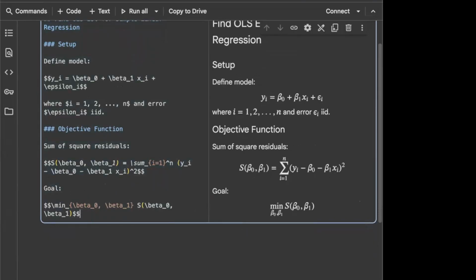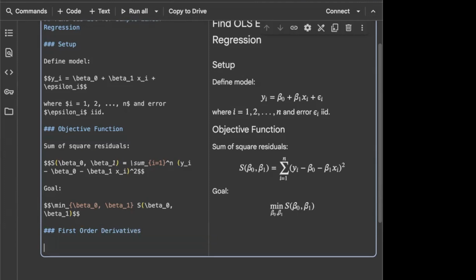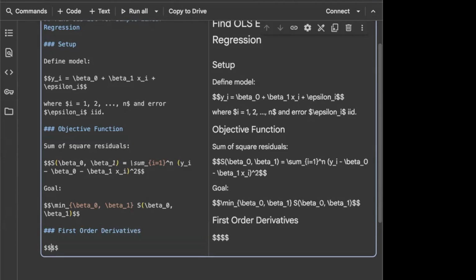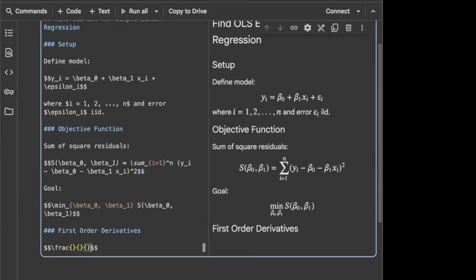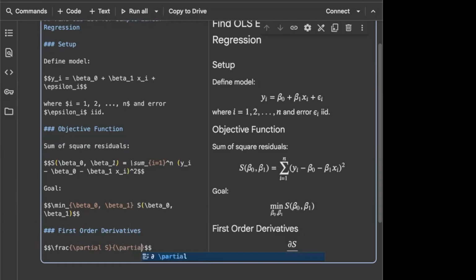That's basically the setup. Now, the way to do this is to take the first order derivative, also known as the partial derivative. So you're going to have to look at partial terms: partial S over partial beta 0.